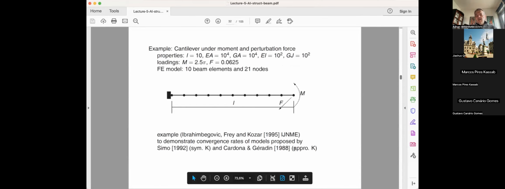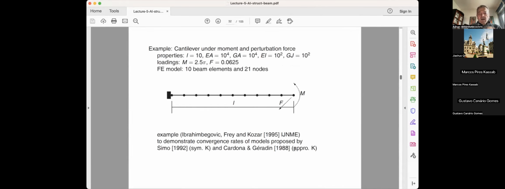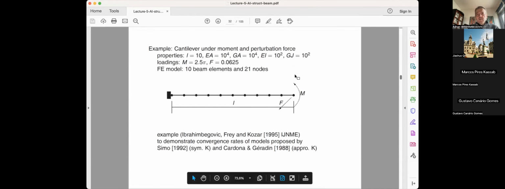Here's something that is kind of nice to compute. If you have a pure bending beam in a large deformation setting, it's a very easy computation. Because this is your beam, and it's geometrically exact, you put a moment at the end of the beam.